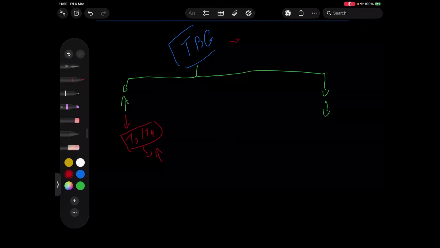The job here is to bind and transport thyroid hormones in the blood, mainly T3 and T4. It's the main transport protein for the thyroid hormone.